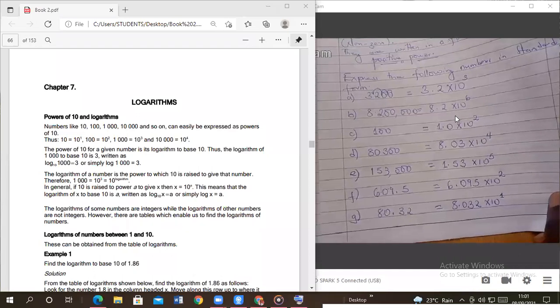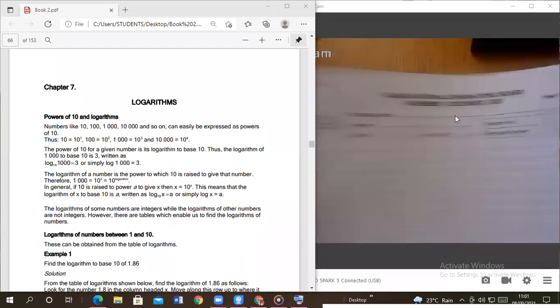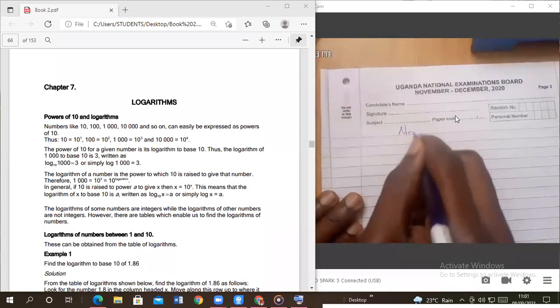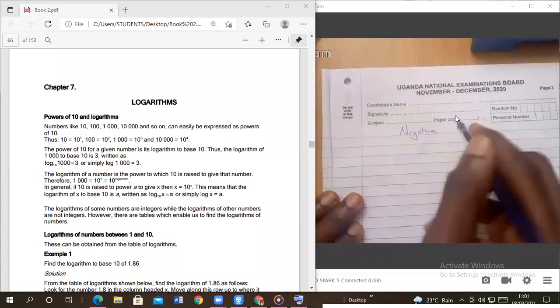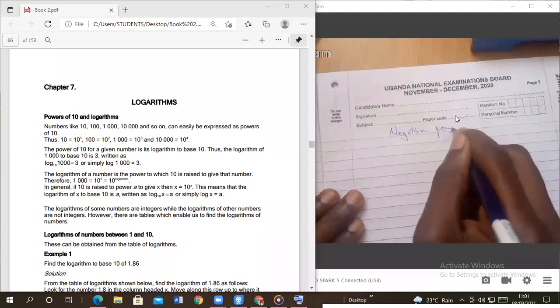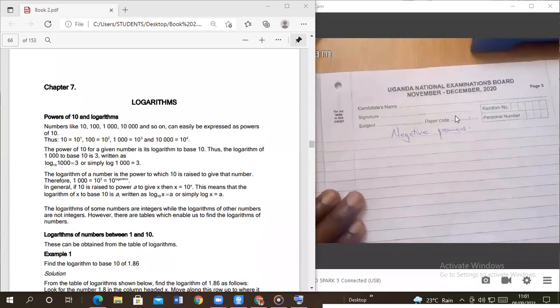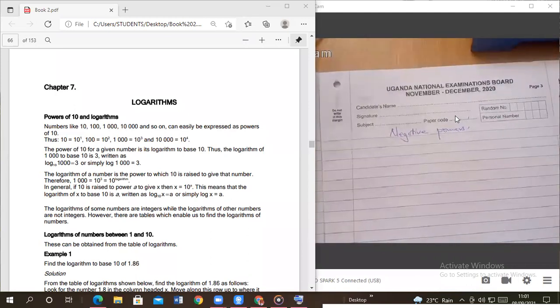Let's go for negative powers. How do you write negative powers?